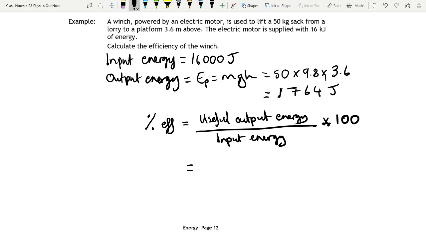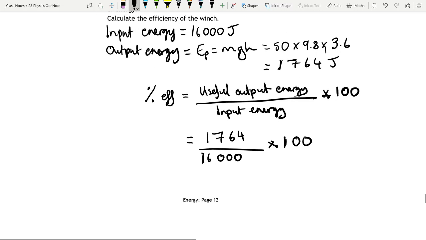So our output energy we worked out to be 1,764. Our input energy is 16,000, times 100, and that comes to, if you round it, 11.0%. So not very efficient at all.